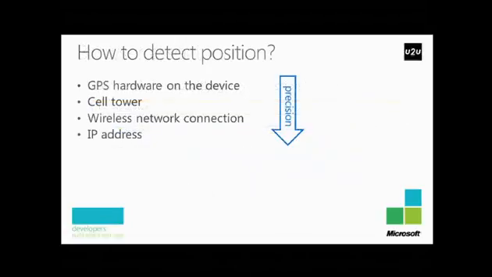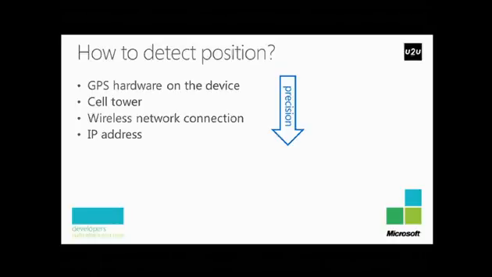So, how is it going to determine your location? Well, depending on hardware, it might try to figure out where you are using GPS. If your hardware has GPS, you're probably going to get a very good estimate of your position. If not, it's going to try to use cell towers. If you have a mobile, it's going to try to triangulate where the different cell towers are and then figure your position out from that.